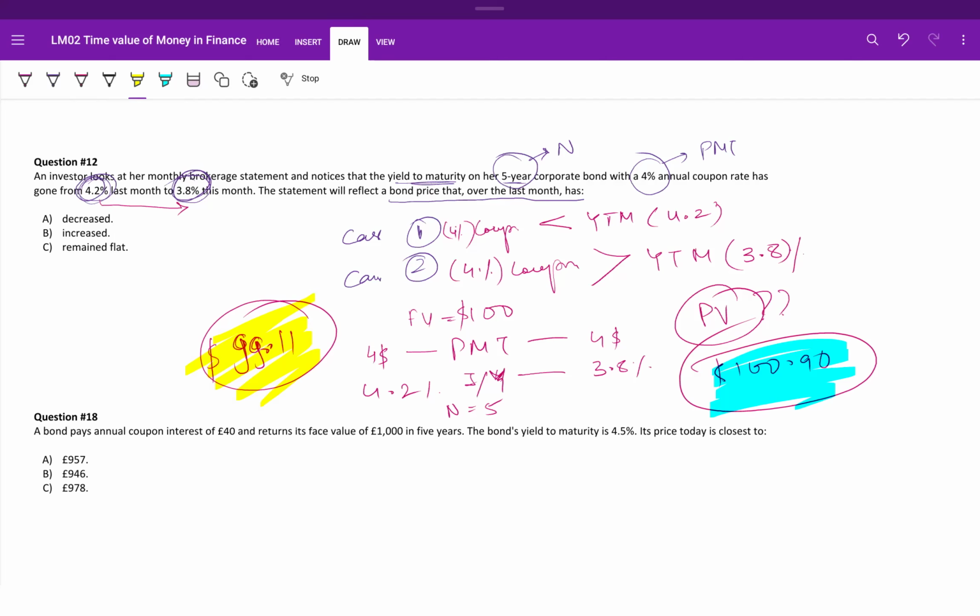One thing you need to pay attention to after we discuss fixed income, so don't get confused. I'm telling you this in advance.